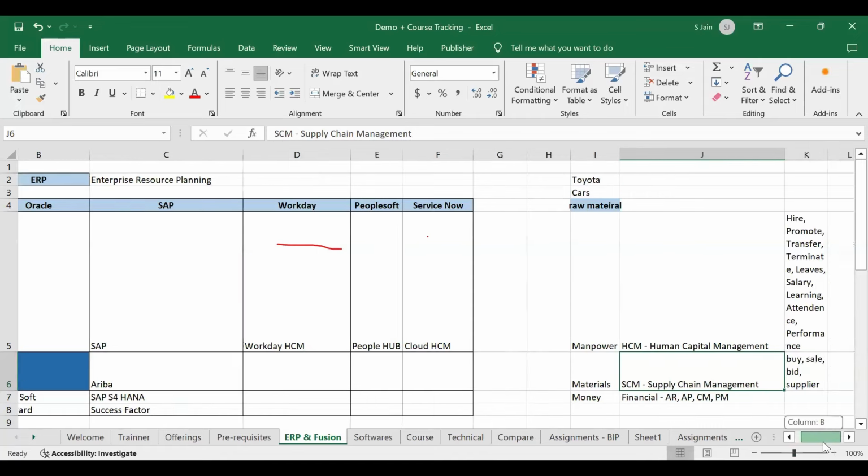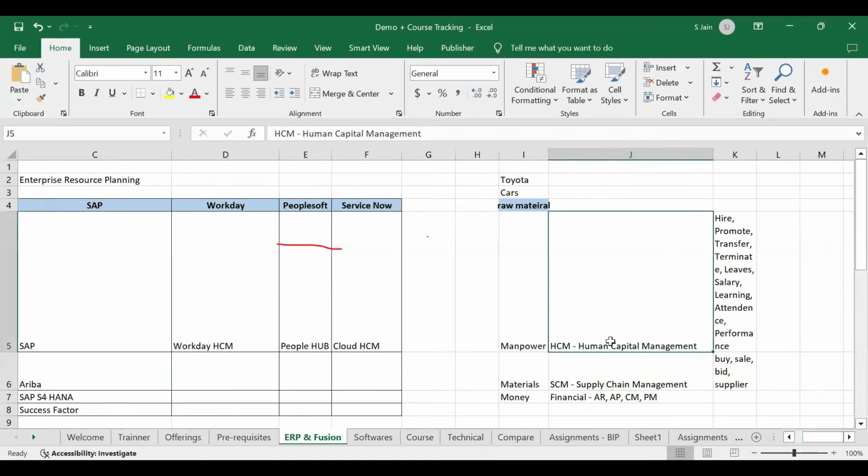Okay, so guys, if you are dealing with human capital management, we are supposed to manage the resources. In any company, managing the manpower means we are hiring the manpower, we are promoting an employee, we are giving the rating to the employee, we might be managing their time and attendance, we are giving the leave to the employee, we are managing their promotion, we are transferring the employee, we are terminating the employee.